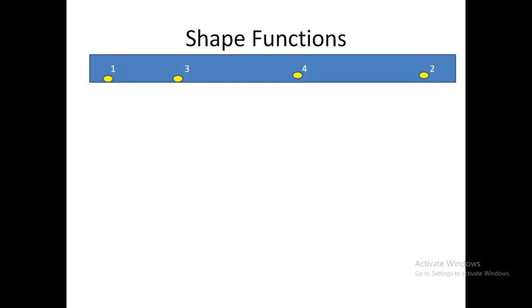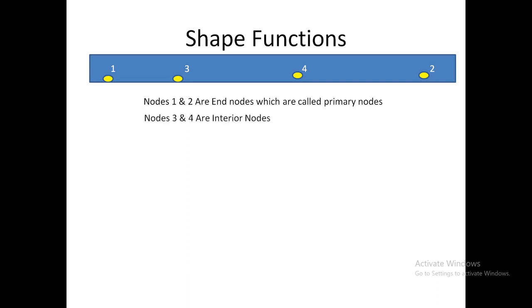First, let us assume that there is an element which has 4 nodes. This element is a part of the bigger object. Nodes 1 and 2 are the primary nodes, which are at the end of each side of this element, and 3 and 4 are the intermediate nodes, which we can call internal or interior nodes.